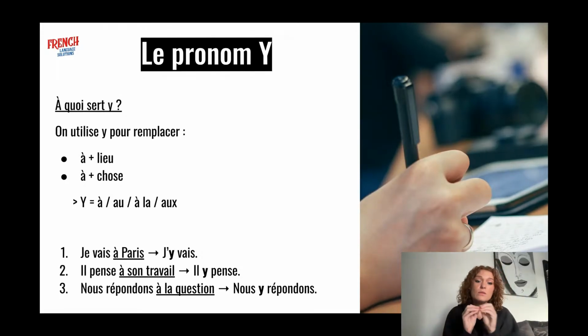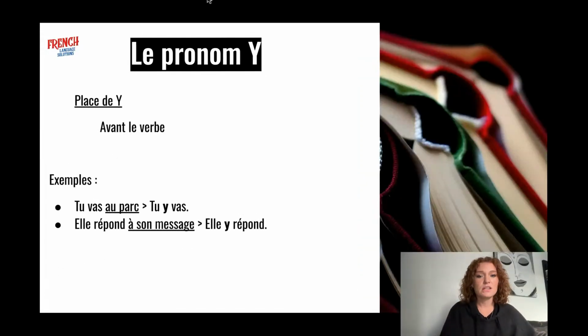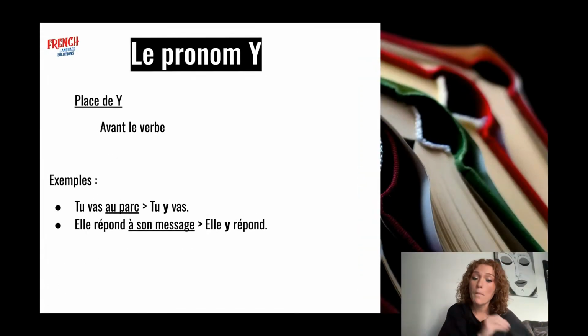The y is going to be able to be in place if you have a word that starts with à, au, à la, or aux, because all of those prepositions mean to. You just need to adjust it depending on the masculine or feminine of the noun that follows. But as long as you have à, au, à la, or aux plural, you can always replace it with the y. That's why, because it's tu vas au parc, you go to the park.